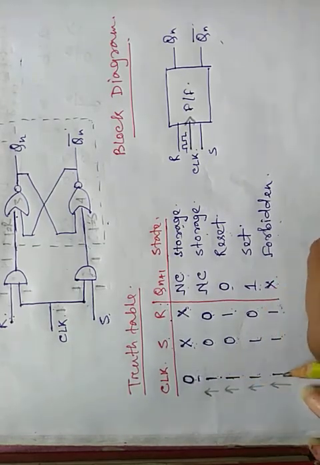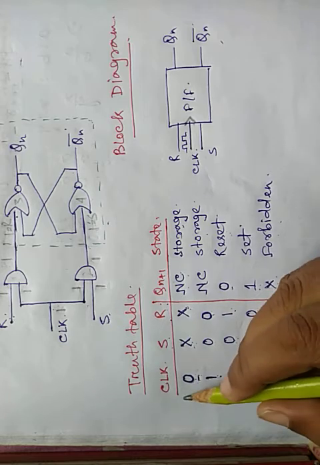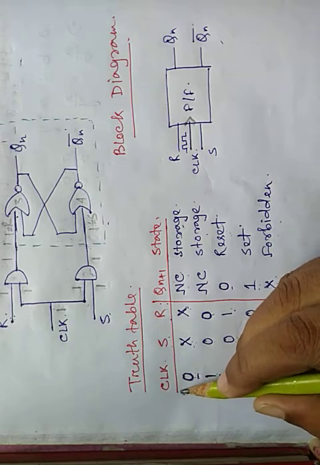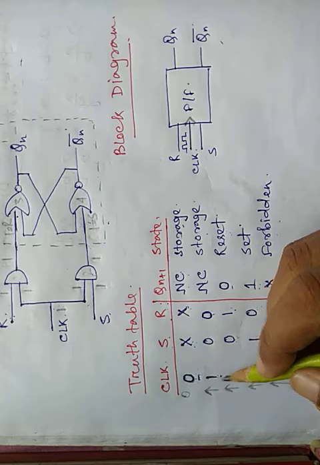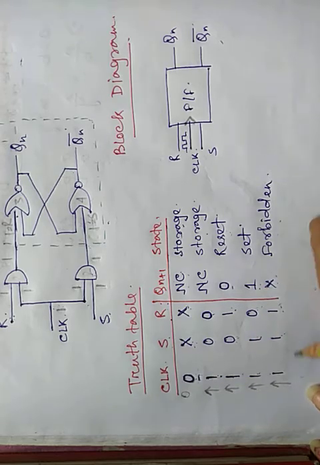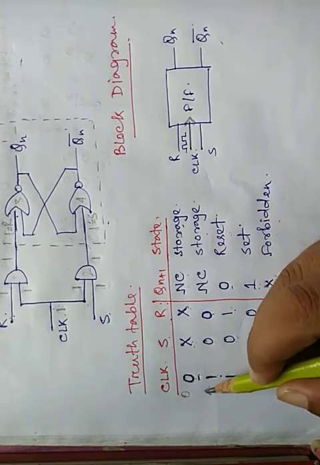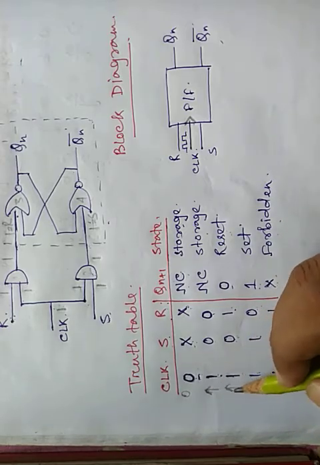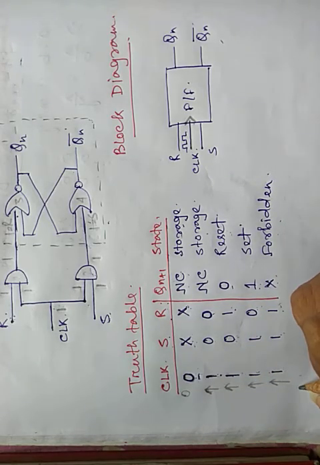If it is level triggering, then we write 1. In general we use 1, but sometimes the arrow symbol is also used to indicate edge triggering.